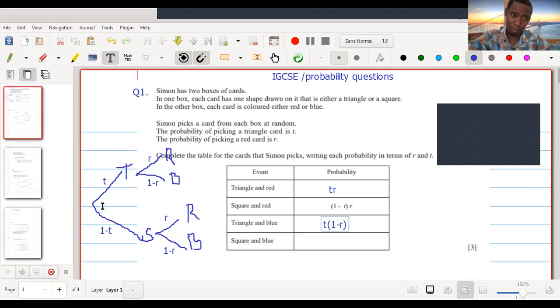And guys, keep this in mind: if you're going along the branch, you multiply the probabilities because they are independent. It's 1 minus R, I put my brackets, then next I put 1 minus T. Yeah, that's from here.